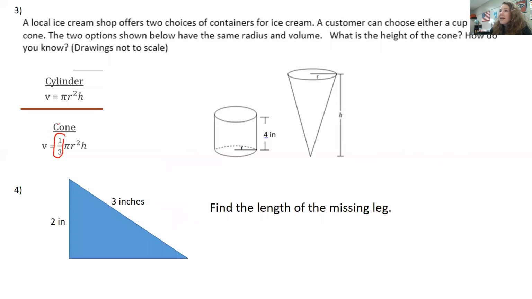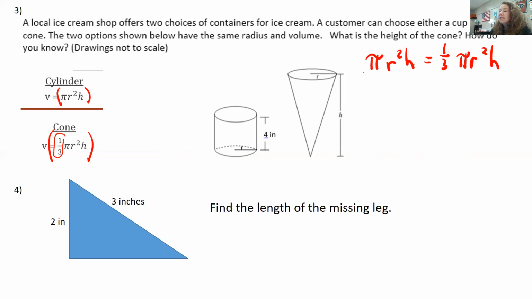So if these two containers have the same volume, then we can take this formula and set it equal to this formula. The formula for the volume of a cylinder is pi times r squared times h, and for a cone, it's 1/3 times pi times r squared times h.